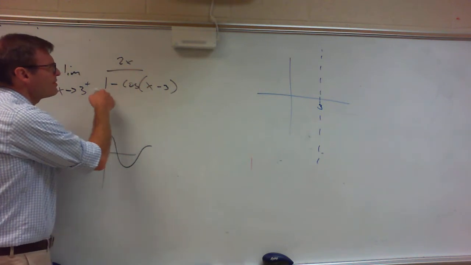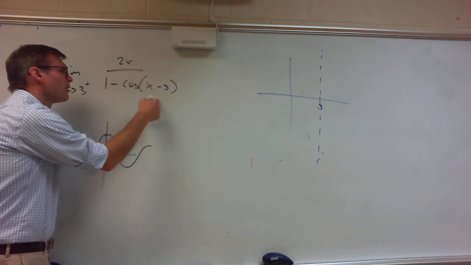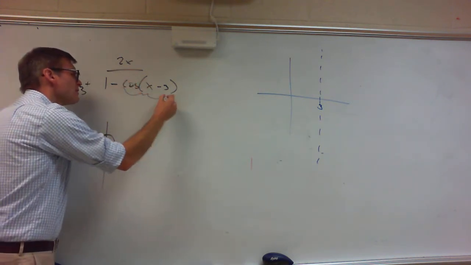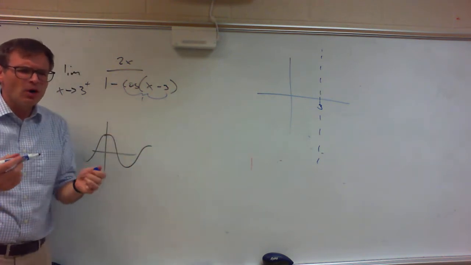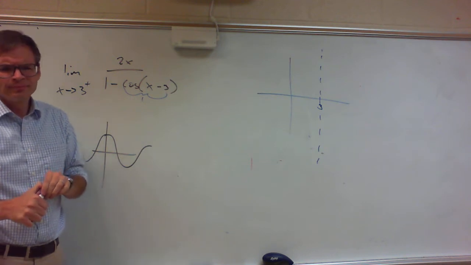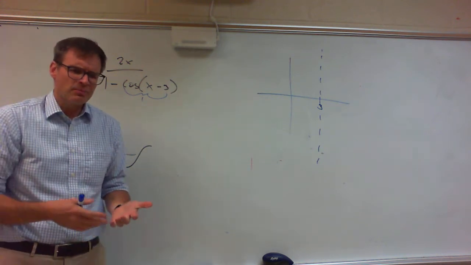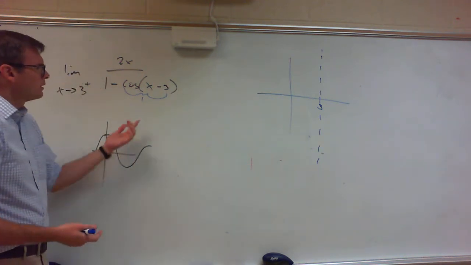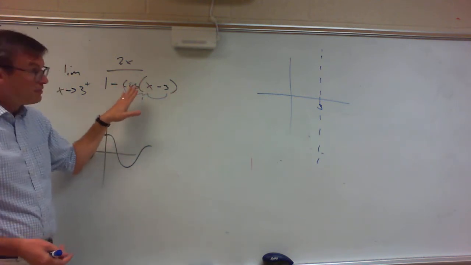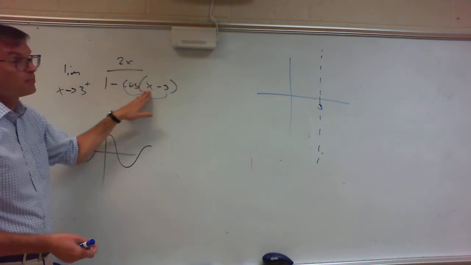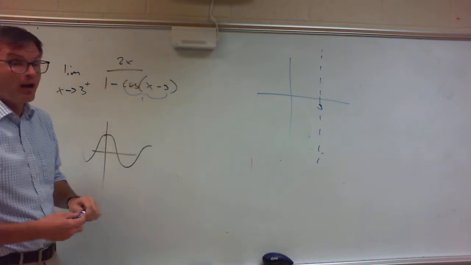The only way this thing ever equals 0 is when this equals 1. And that's the biggest cosine ever gets. Most of the time, cosine is less than 1. And since most of the time cosine is less than 1, if I just move a little bit off 3, this is going to be less than 1, and 1 minus something smaller than that is definitely going to be positive.